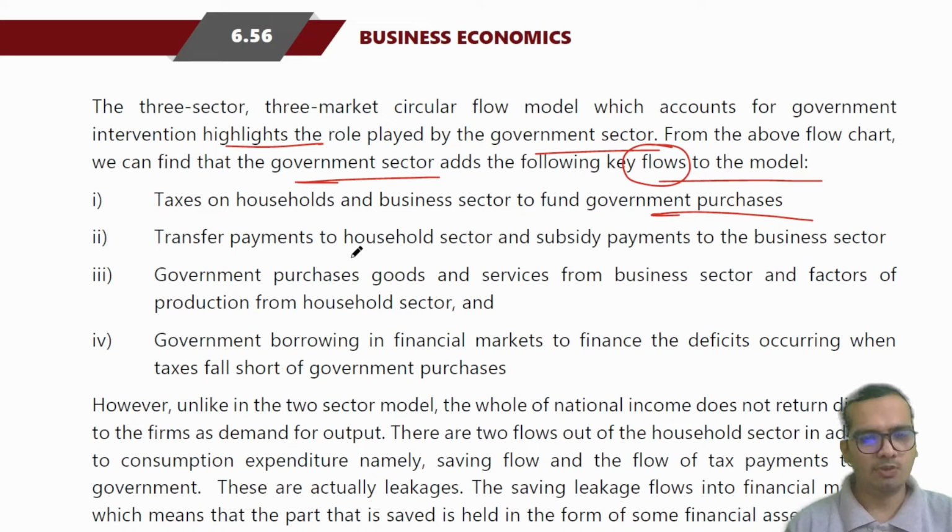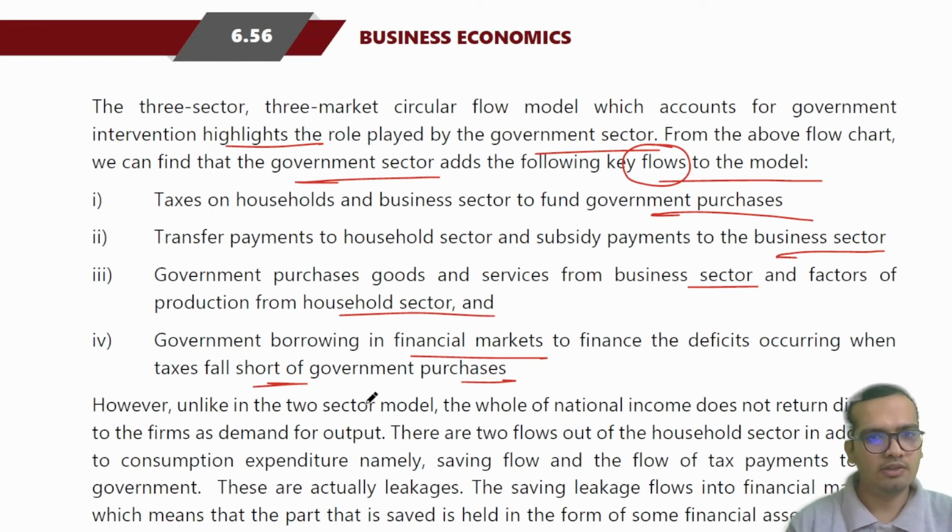Second, transfer payments to the household sector and subsidy payments to the business sector. Third, government purchases goods and services from the business sector and factors of production from the household sector. And fourth, government borrowing in the financial market to finance the deficits occurring when taxes fall short of government purchases.